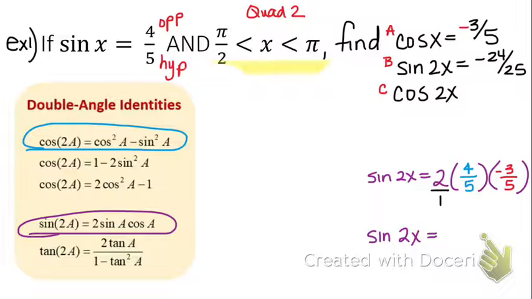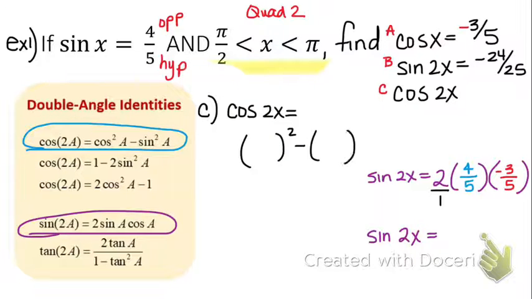So for part C, cosine of 2x is going to equal, all right, to find my cosine double angle, I'm going to take the cosine squared minus the sine squared. So cosine squared would be -3/5, and sine squared is 4/5.